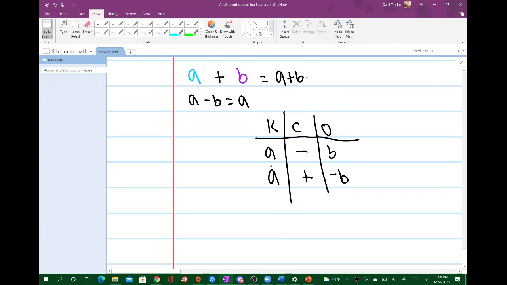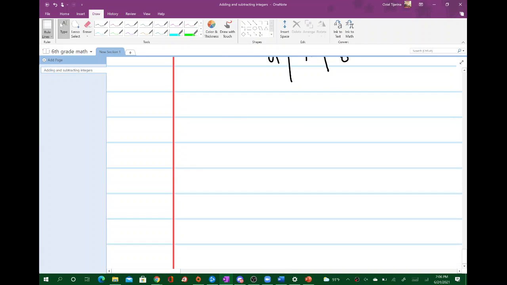So we have, this is going to be A plus -B. What about -A, or actually, what about -A minus B? You're going to keep the first one, so let's go ahead and do a chart for this, right?